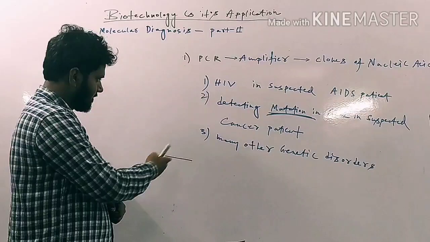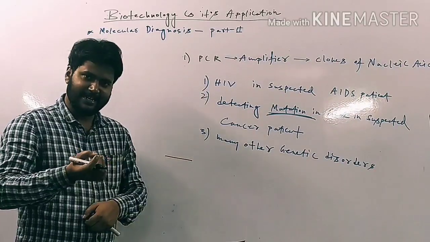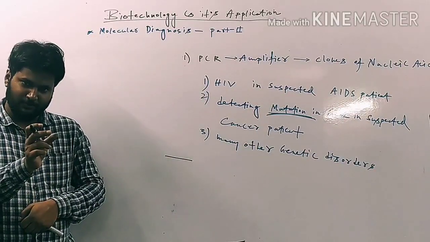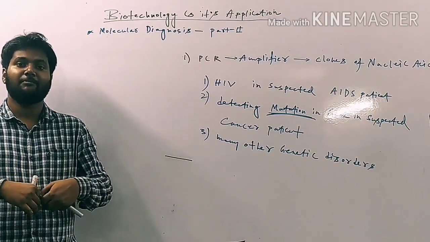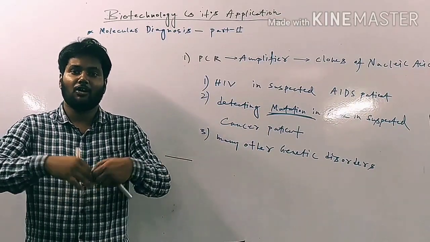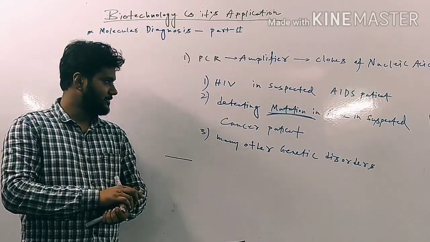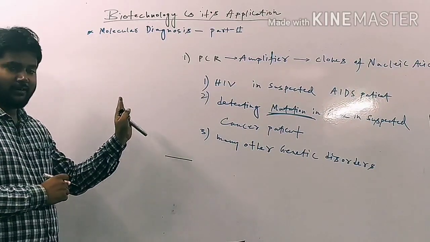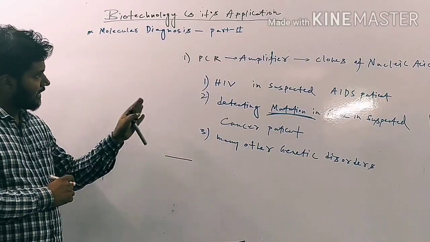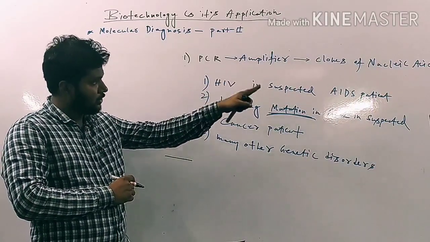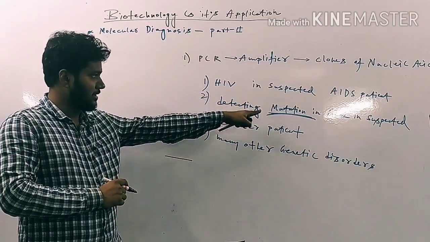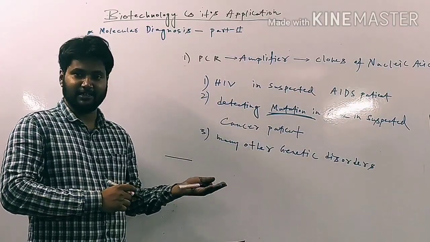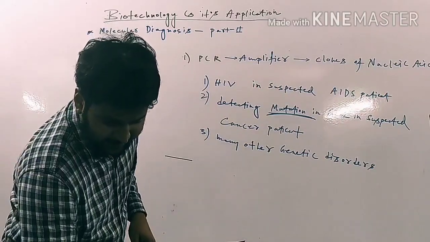In the same way, if you suspect any genetic disorder, you give that nucleic acid piece into the PCR system, and PCR will make its clone and a lot of copies of it. So PCR alone cannot detect. PCR only helps in making clones of that particular molecule, which may be nucleic acid, virus particles, anything.